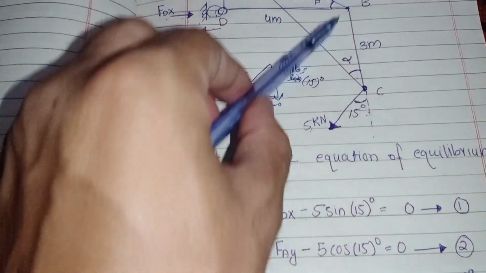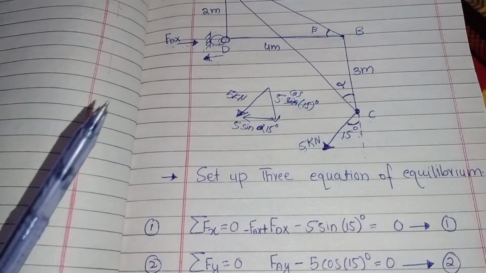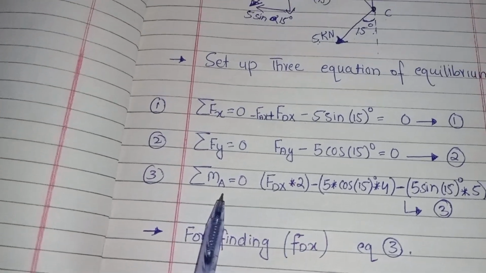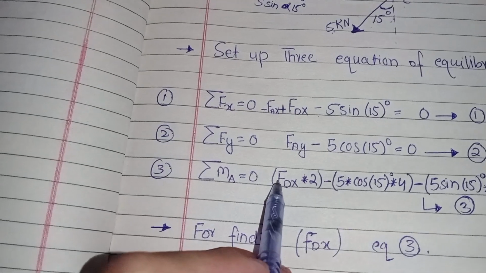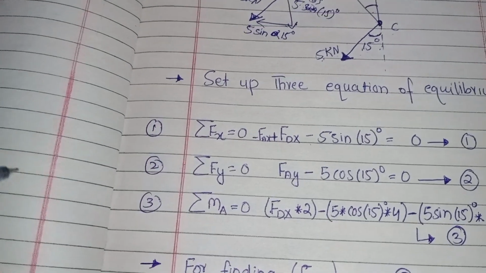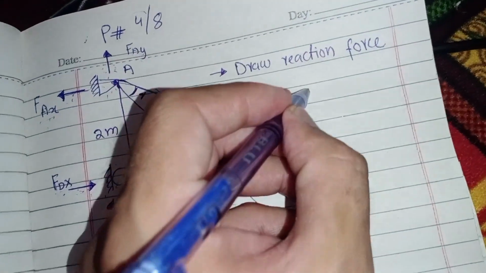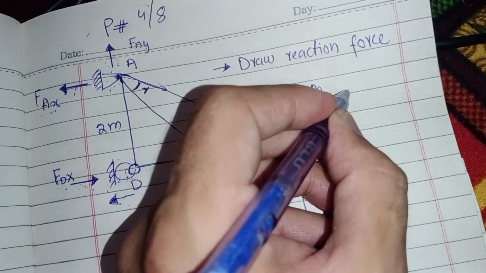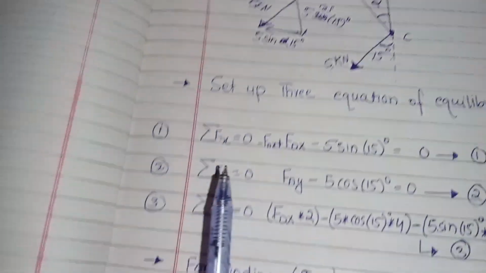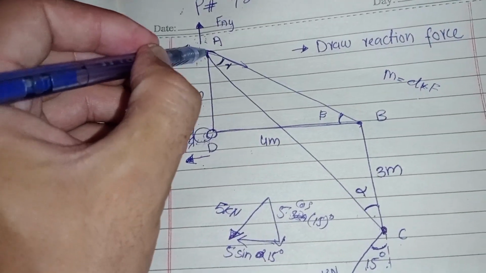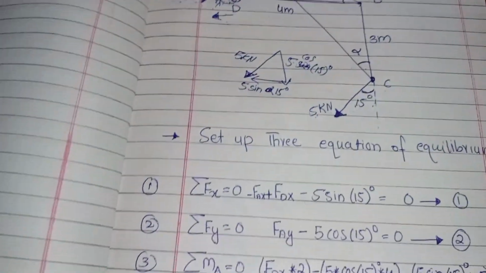And the moment of all forces in this whole truss is equal to 0. Summation of all moments in this whole truss equal to 0. So FDX moment equal to, I will write the formula of moment, equal to distance multiplied by force. I fix point A at point A. Summation of all moments at point A will equal 0.